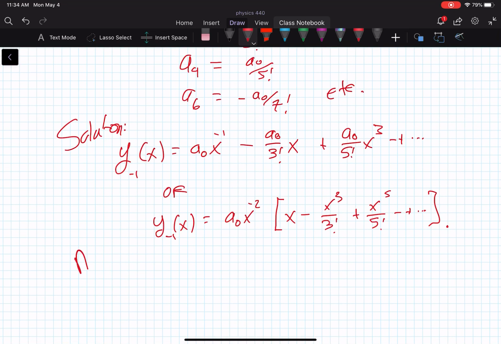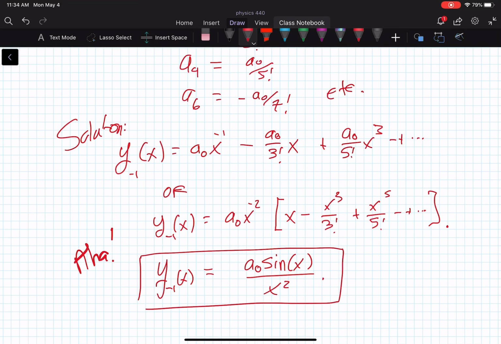Aha! y sub minus 1 of x is equal to a naught sine of x over x squared. And you can check by substitution that this is the actual solution.